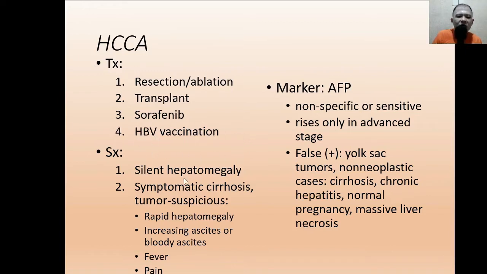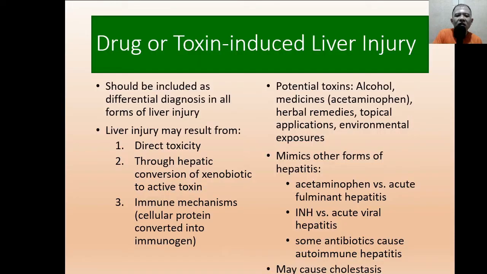The symptoms can be silent, such as hepatosplenomegaly, or symptomatic cirrhosis. The tumor marker here is AFP, alpha-fetoprotein. So we're done already. From steatosis, hepatitis, cirrhosis, hepatocellular carcinoma. So let's go outside of that.